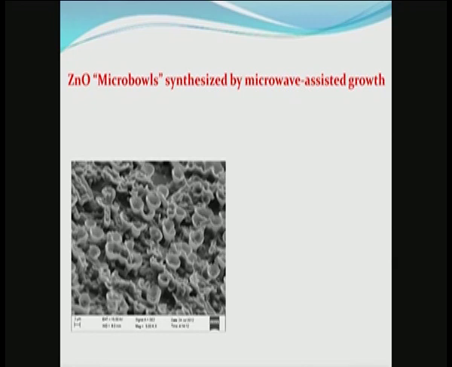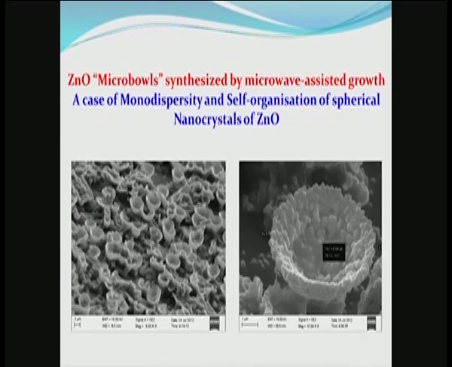We come back to zinc oxide here. What are shown here are so called zinc oxide nanoballs synthesized by a wave assisted growth process that we have described in an earlier session. And you can see that you really have small tiny balls made of zinc oxide. Upon close examination, what one can see is that each one of these is made of spherical nanocrystals.